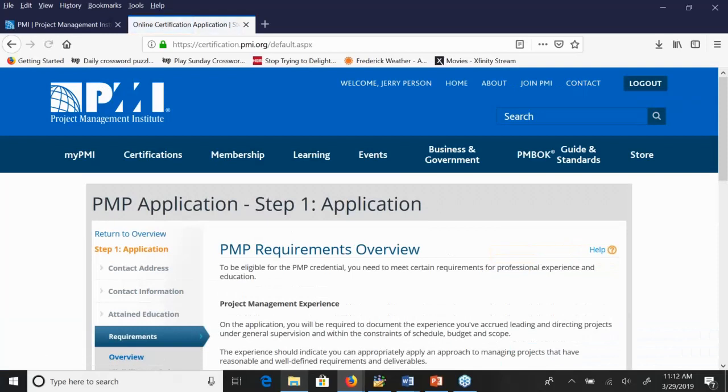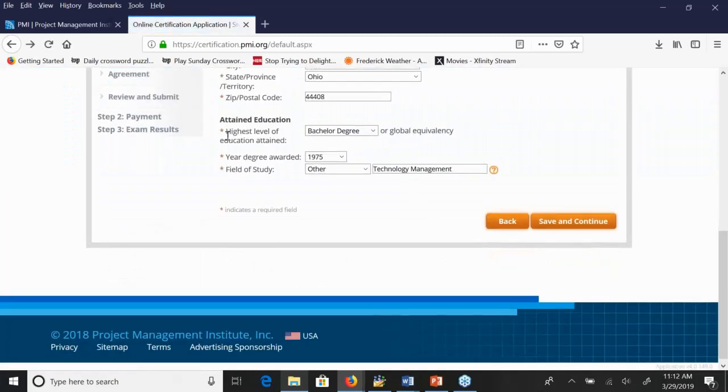So we march right along. The diploma, well, it's interesting you said the diploma also works. Now, let me back up a slide if I might and go here. Notice what it says. It says highest level of education attained or global equivalency. So if they call it something different in the country from which you came, that's fine, as long as you know what it is.